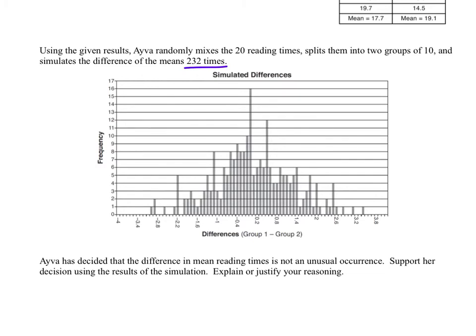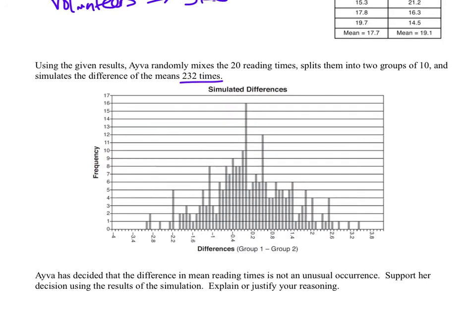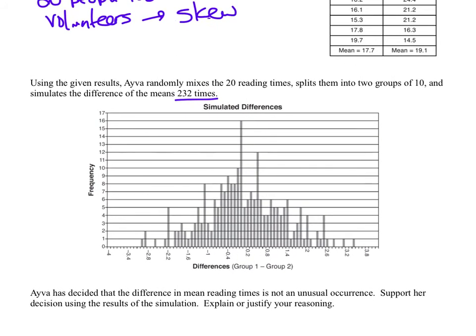So what we do is we take the two values that we have here, the two means. We have 17.7 and 19.1. This is group 1 and this is group 2. We always take group 1 and we subtract group 2, always in that order for consistency.